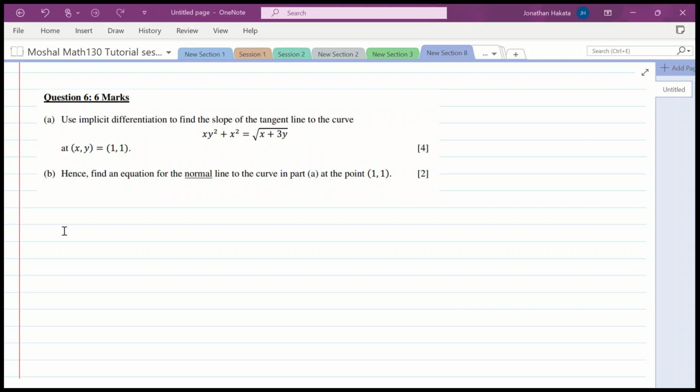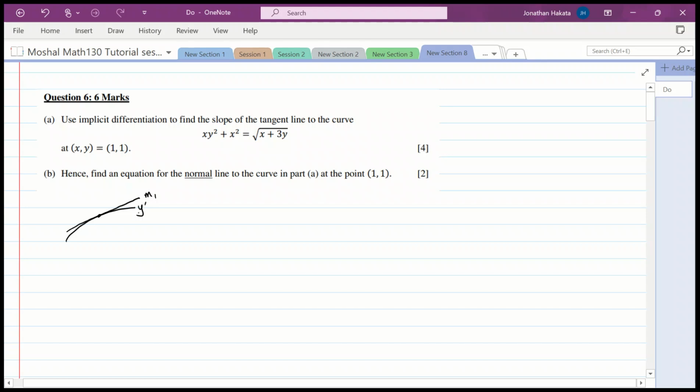So if we have a curve like this, the tangent drawn to the curve will just touch slightly to the curve. I'm sure we all know this. So at this point of contact, the gradient of the line will be equal to the derivative of the curve evaluated at the point in question. All right.